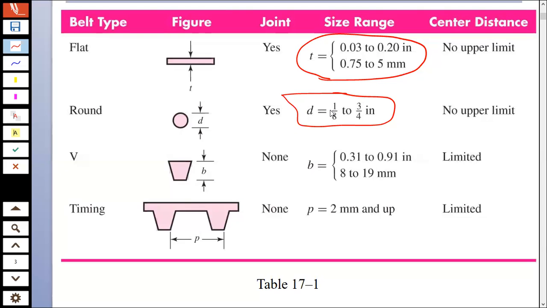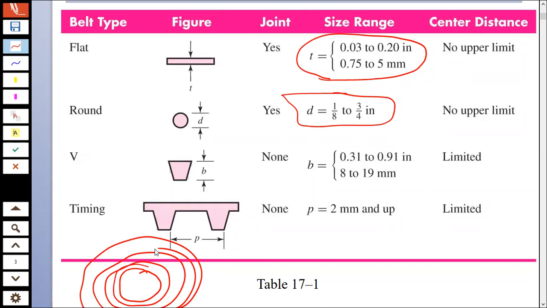Excuse me sir, what is the meaning of spools? It's just like a spool, around it like this. You just get a round bundle of it.